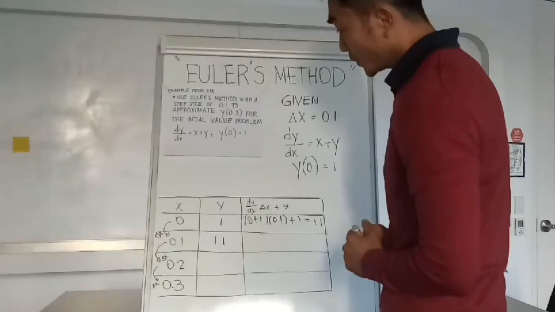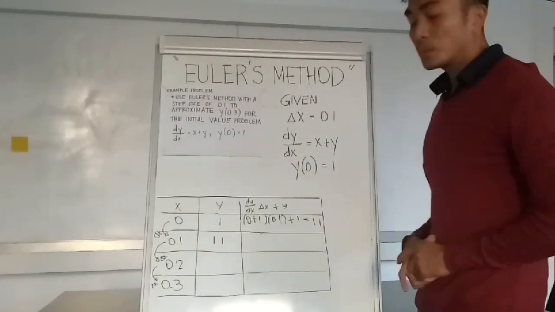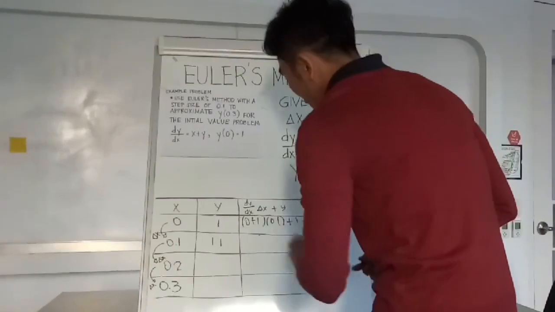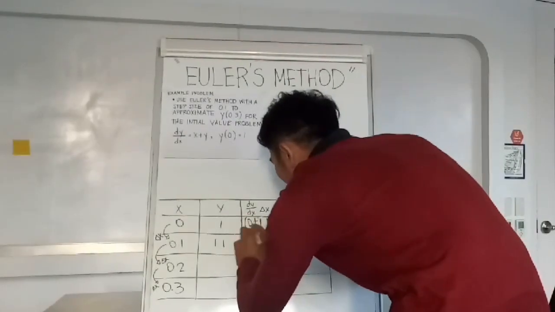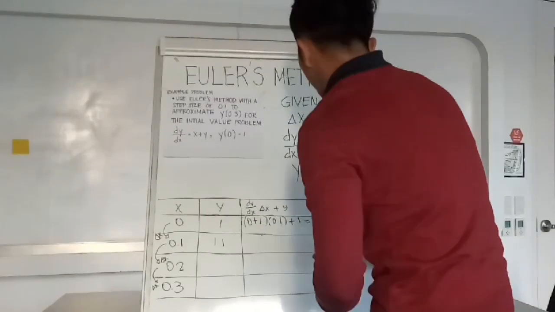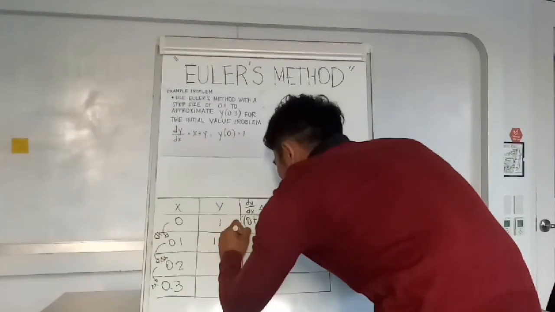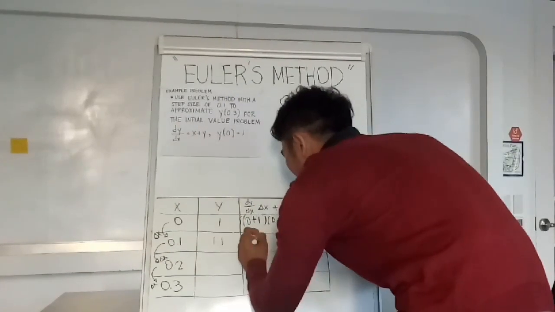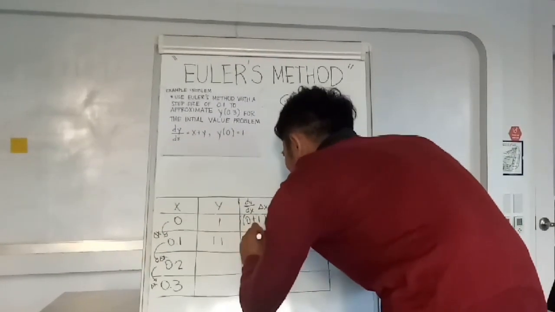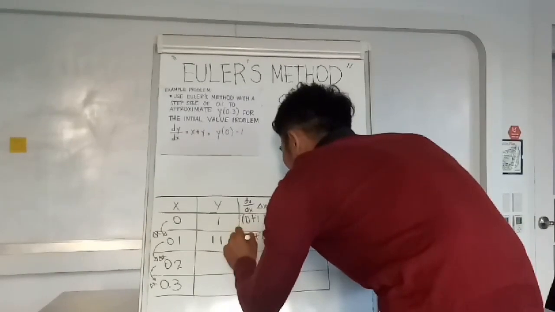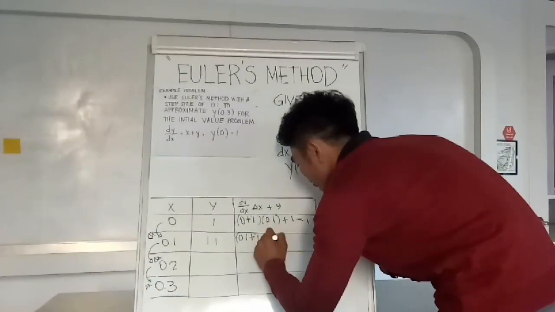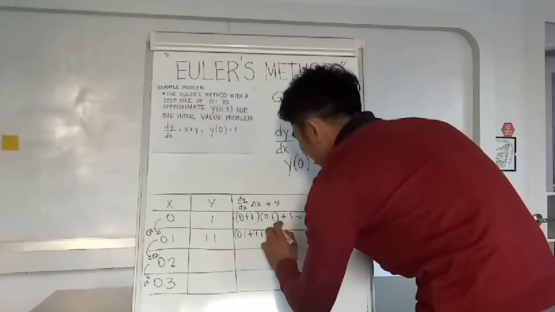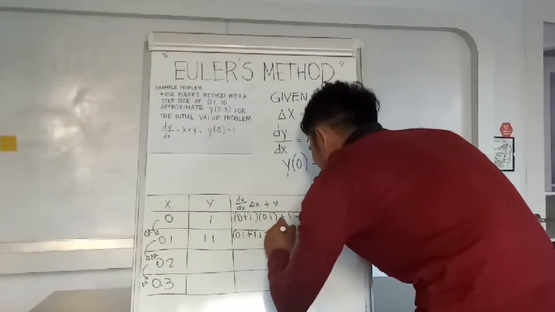Now we will get the value of y when x is equal to 0.2. Same procedure: x plus y, so 0.1 plus the value of y, which is 1.1, multiplied by the step size 0.1, plus the current value of y, which is 1.1.